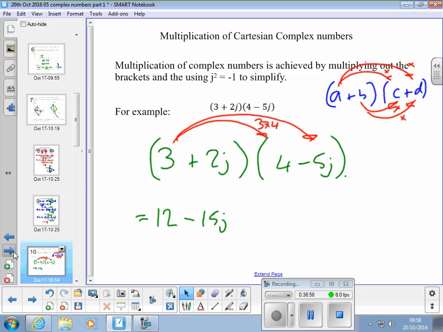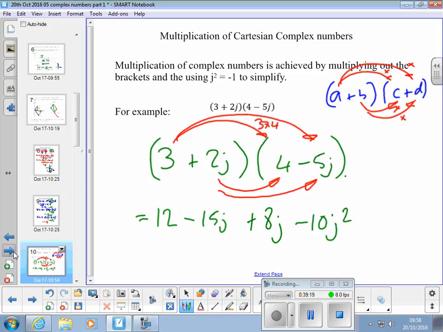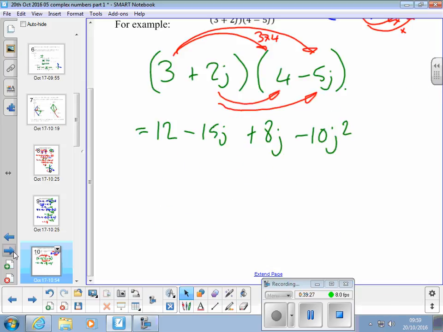We do 2j times 4, plus 8j, and we do 2j times minus 5j, minus 10j squared. All right? So that's the full multiplying out of the brackets.